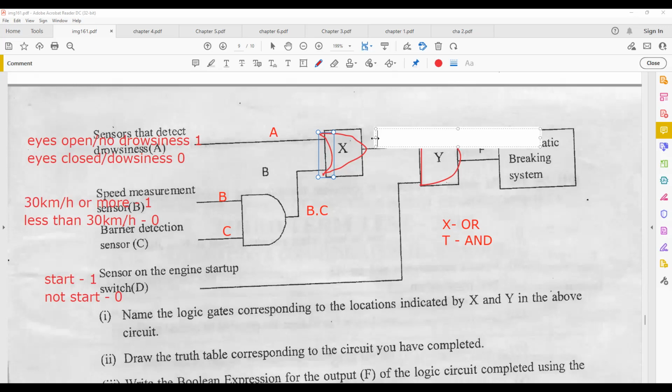So from the top, we will have A, the OR gate, plus B dot C. From down, we are getting D now. So what is the final one? Yes, F final one. What is F final one? Yes, come on, hurry up.